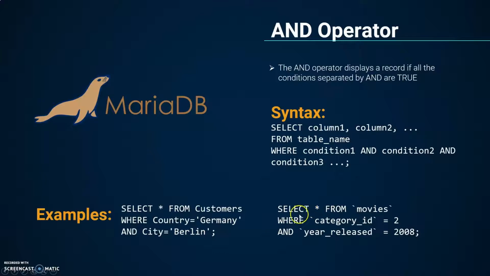The second example is selecting all from the movies table where the category ID equals 2 and year release equals 2008. Both conditions have to be true. So category ID must equal 2 and year release must equal 2008.